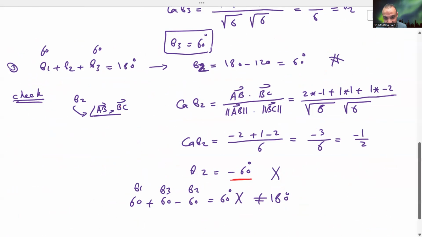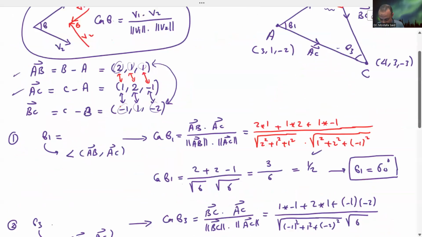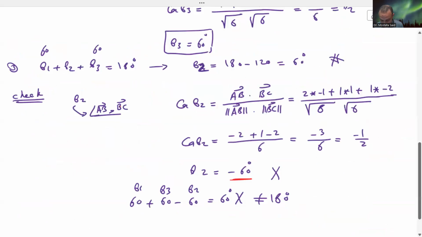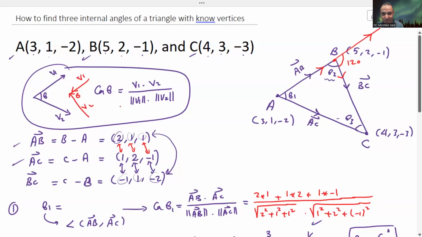If you apply 180 for it, it will be this angle, the 120 angle. So what we did here is we are not finding theta 2. We are actually finding the 120.